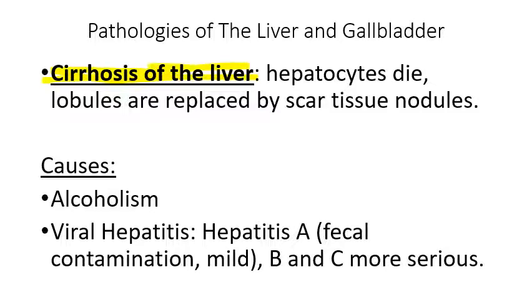So the liver is the same size as it was, but it only contains half as many hepatocytes, and the rest of the volume is taken up by scar tissue, which does not do the same job of filtering things the way the hepatocytes do. So that is a bad thing, because then your liver is unable to filter the ammonia and other bad things out of your blood, is not able to convert it to urea, it's not able to break down peroxide and other things, and that eventually can kill you.